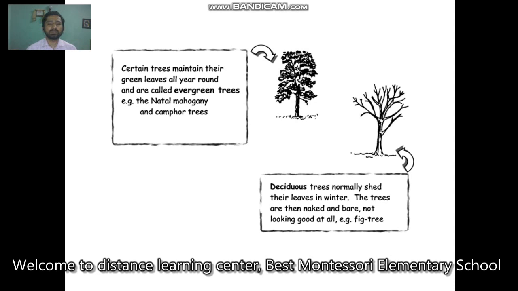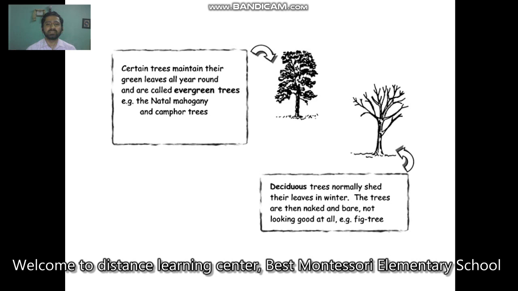Now, first of all, we must understand what kind of flower, what kind of tree, while identifying a plant. If it is an evergreen tree, if it is a deciduous tree. Evergreen tree, the name itself speaks. They maintain their green leaves for the whole year. An example can be taken as a camphor tree, and there are a lot of plants around us too.